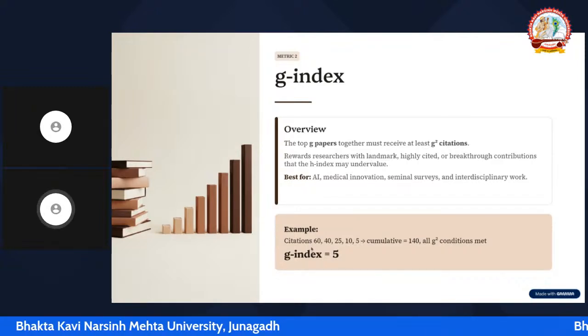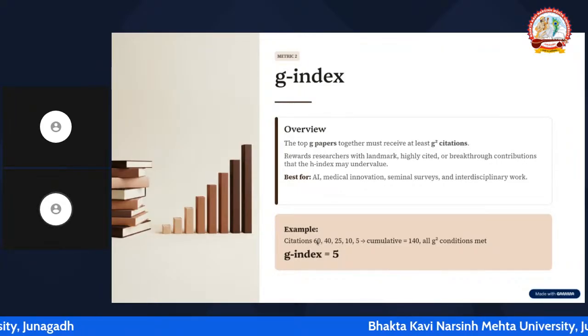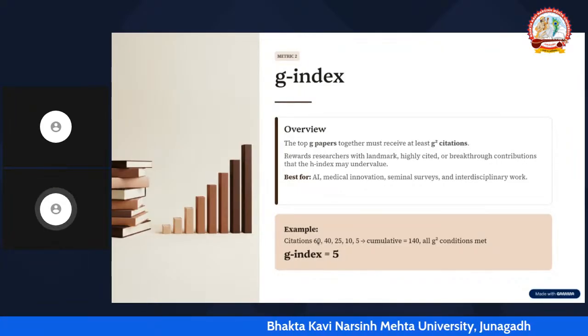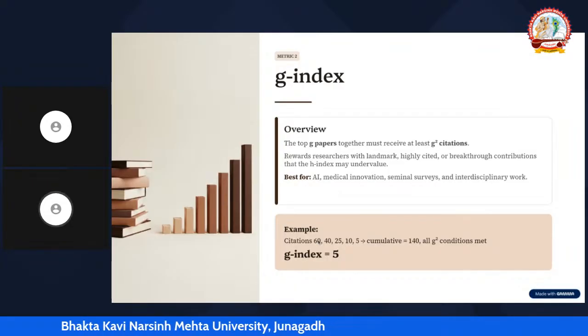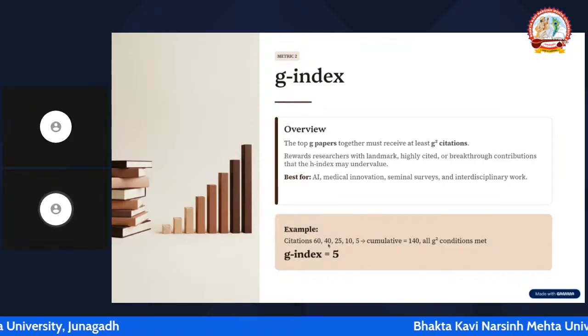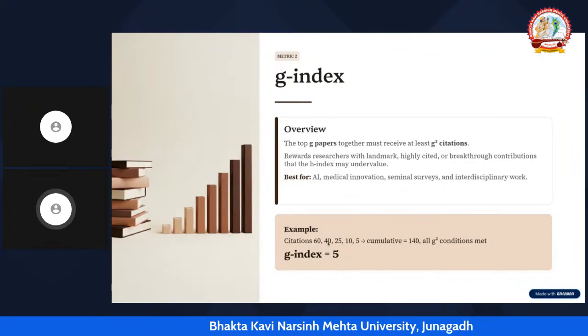Again, we are illustrating at the bottom line. We have the first paper with 60 citations. Number of paper is 1, 1 square is 1, so the requirement is satisfied. Second paper, 2, 2 square, 4. The second paper has at least 4 citations, so that requirement is also satisfied.